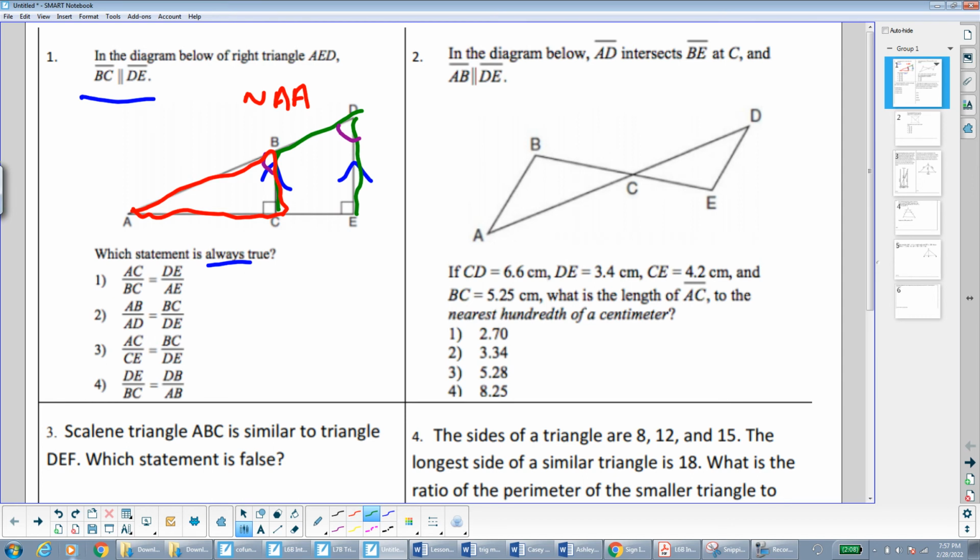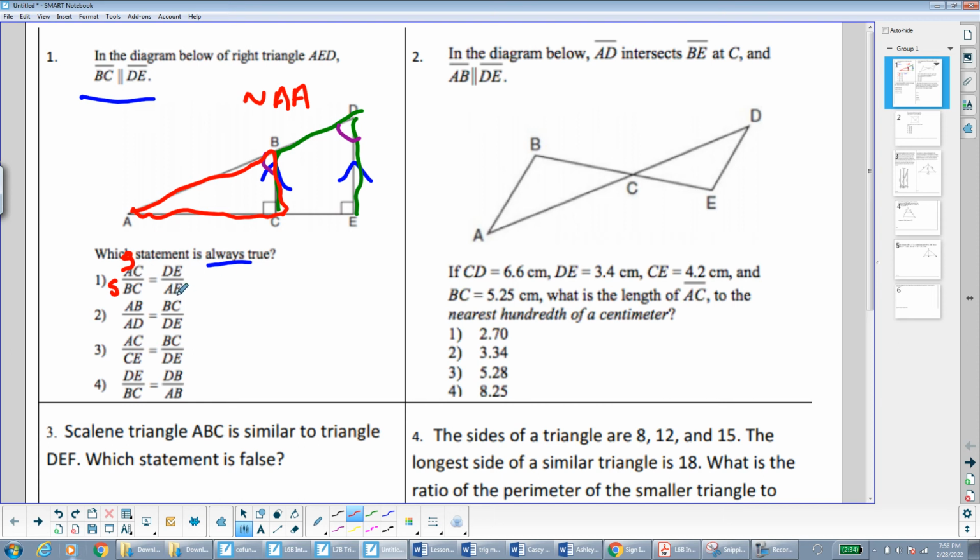Okay, answer choice number 1. We have AC. So AC is a side from the small red triangle. So I'm going to write here small. And looking at the bottom over here, we have BC. And BC is another side from the small red triangle. So in order for this proportion to check out and put the corresponding parts together, over here should be the side from the big triangle corresponding to AC.